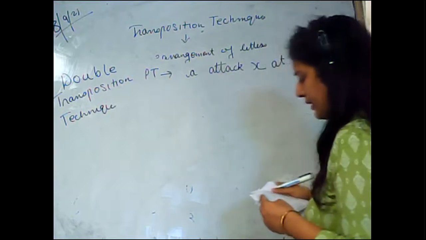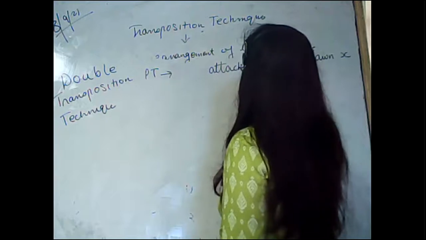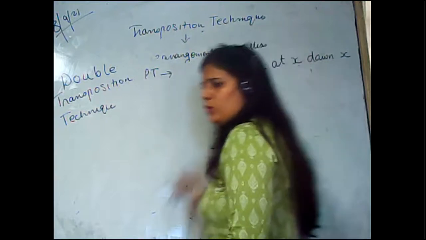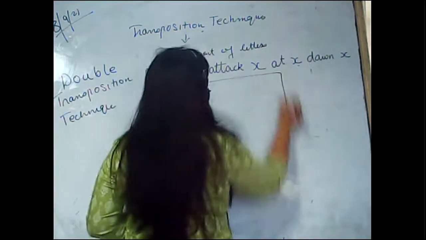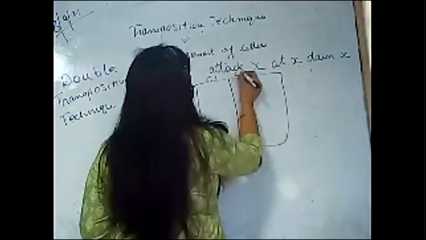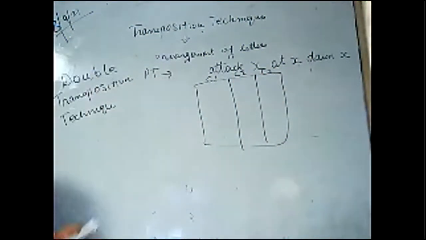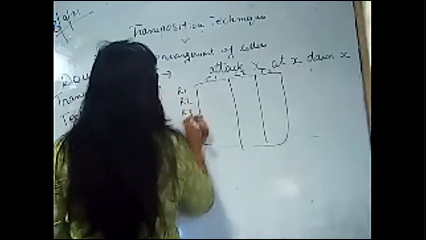Anything that I can write like this is a plain text, attack x at x dawn x. Now let's suppose this is my plain text that I am given. Now let's suppose I am given columns C1, C2 and C3. These are the 3 columns that I have been given, and we have 5 rows here: row 1, row 2, row 3, row 4 and row 5.